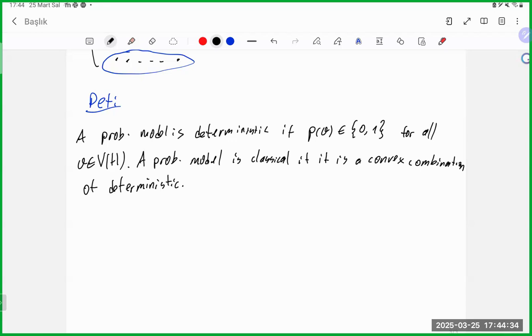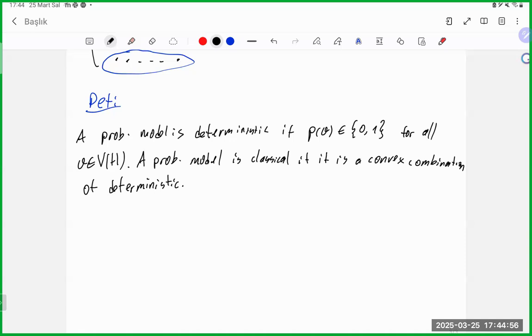Historically, classical thinking of those probabilistic models is that there should be a hidden variable model that can predict all of the measurement outcomes, and we have no information about those models.